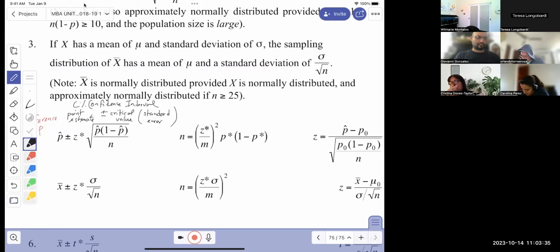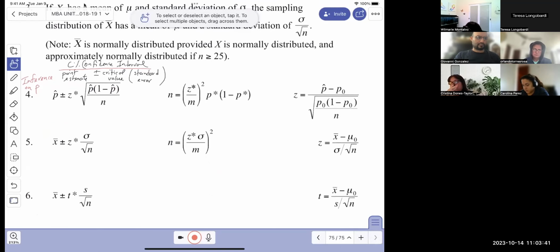So I'm going to make this the heading here for this column because you have the same thing here. But what is this inference for? This is inference for P. Well, what's this inference for? These numbers all should look familiar.